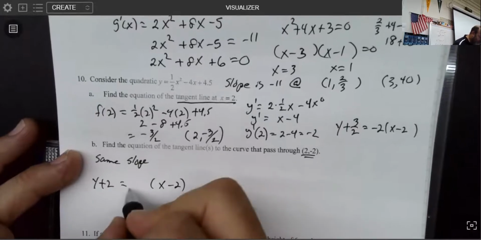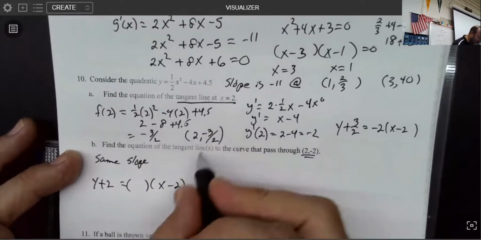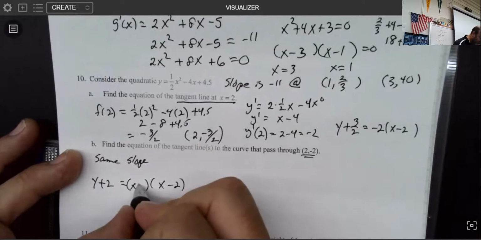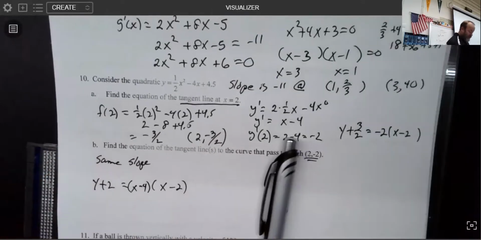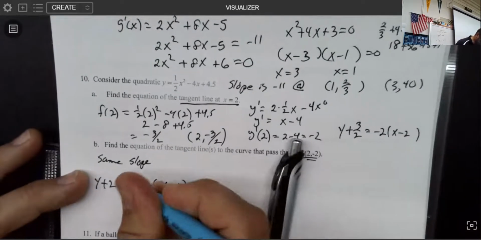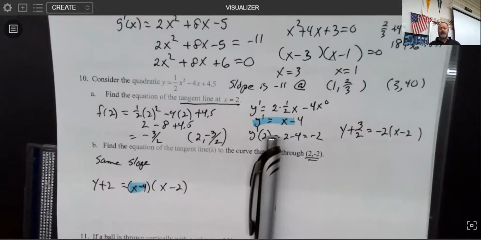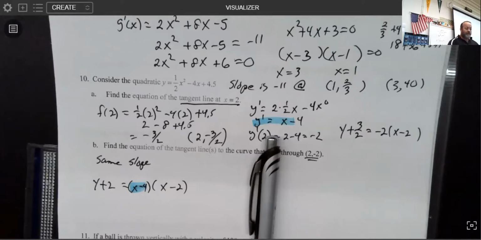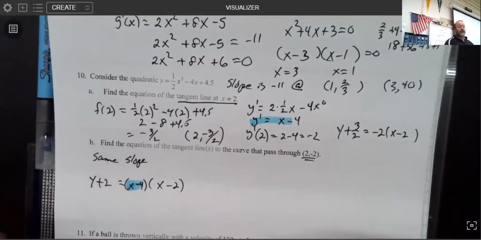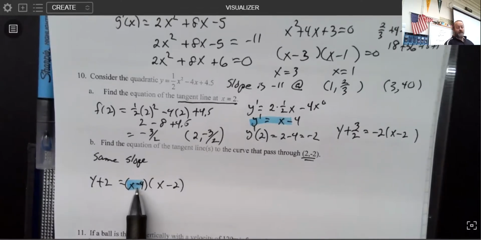And again, this is a little unorthodox, but I'm going to say that the slope of that line is x minus 4, whatever that is, because this is the slope of the curve, but I don't know exactly what x value I want to have that happen. Now, it's hard to call that a line because it doesn't look like a line, but we're going to find out the right x value from the intersection, and then we'll modify this piece right here to come up with the slope.